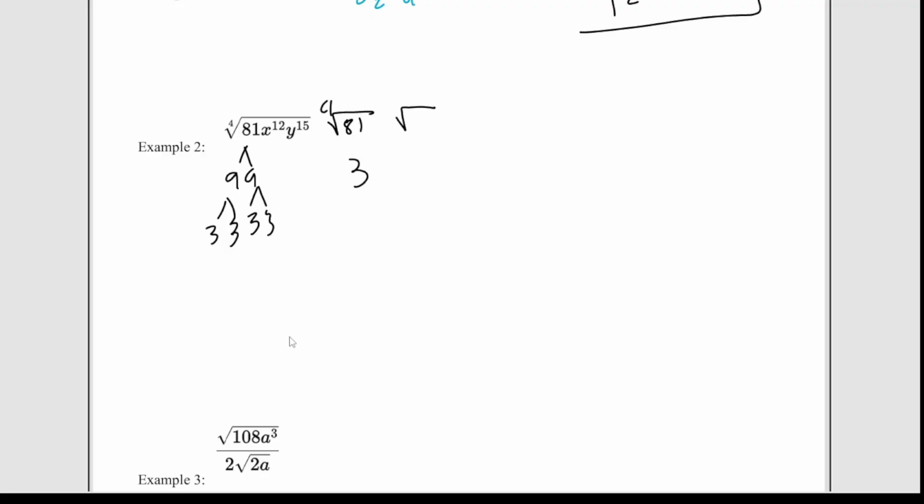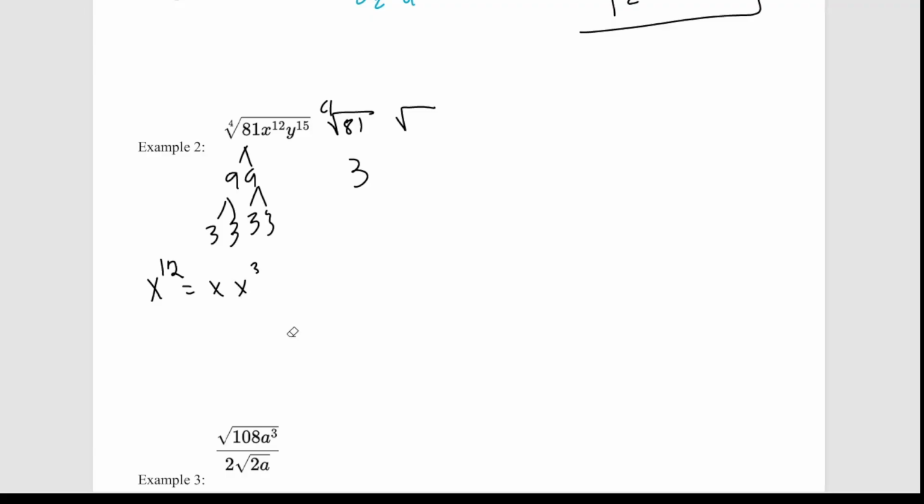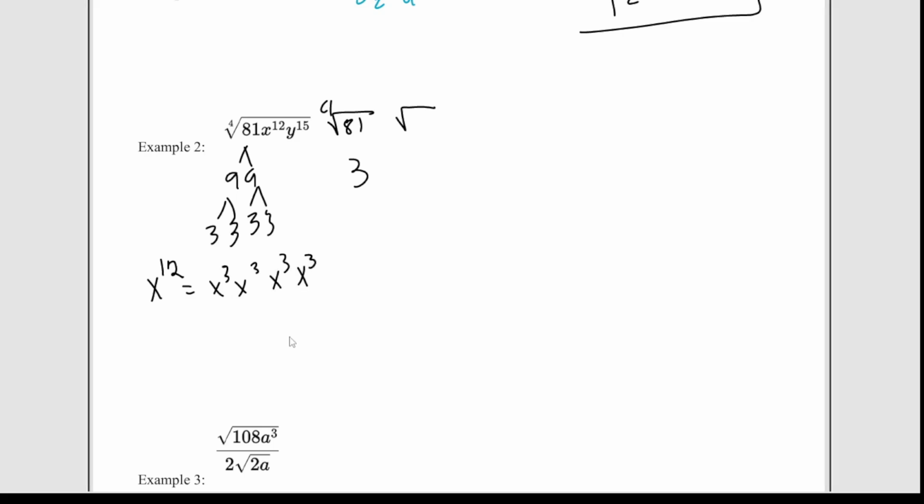For the 4th root of x to the 12th, well, x to the 12th breaks down into x to the 3rd times x to the 3rd times x to the 3rd times x to the 3rd. And 12 divided by 4 gives you 3, so that could be another way of thinking about it. So this is really the 4th root of x to the 3rd to the 4th, so that will end up being an x to the 3rd that perfectly breaks out front.